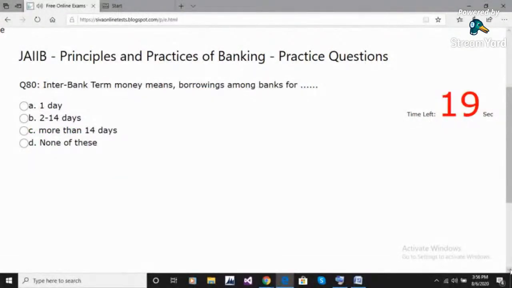Question 80, interbank term money means borrowings among banks for Option A 1 day, Option B 2 to 14 days, Option C more than 14 days, Option D none of these. Answer C more than 14 days.